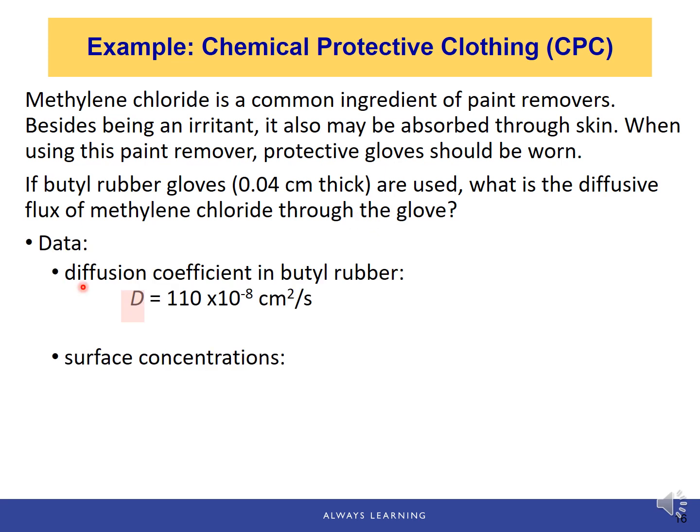The data given are the diffusion coefficient in butyl rubber, D is 110 times 10 to the negative 8th square centimeter per second.